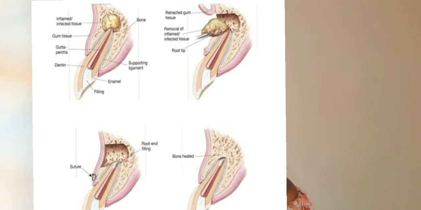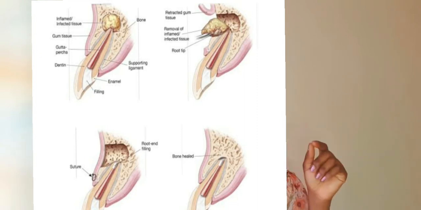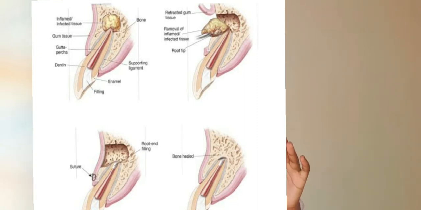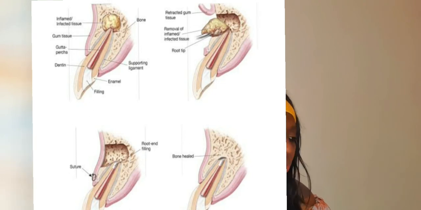You make an incision, and then measure 2 to 3 millimeters from the apex of the tooth. Then we remove that aspect of our root, and place material before we stitch it back to its original form. That's basically what happens with an apicectomy.